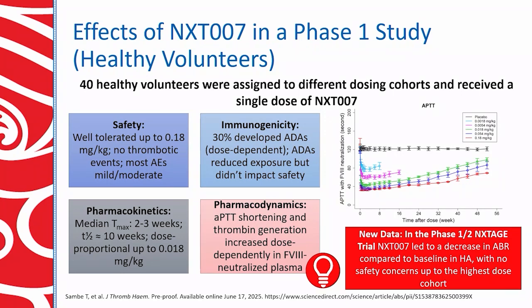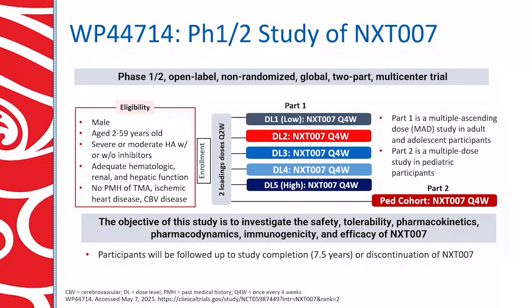And the newest data showed that in the trial with hemophilia patients, NXT007 led to a decrease in ABR compared to baseline in hemophilia A, with no safety concerns up to the highest dose cohort. This is precisely the study where this information was gained.